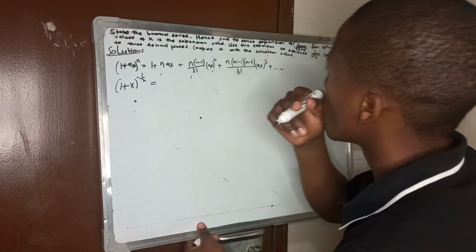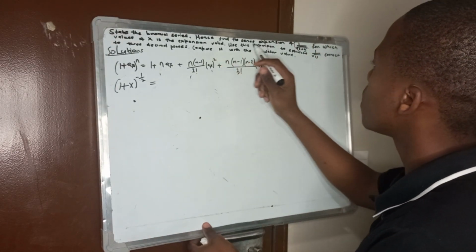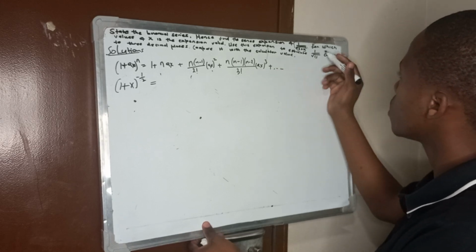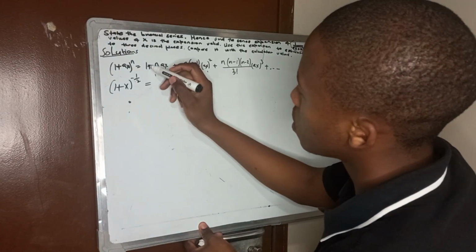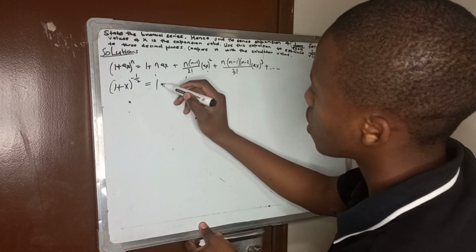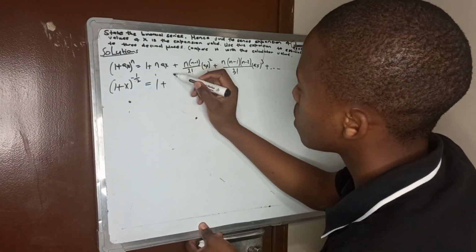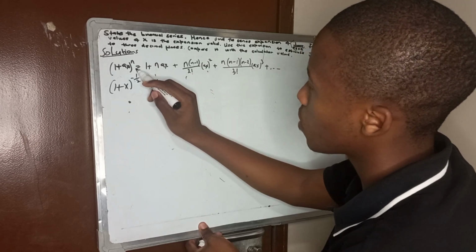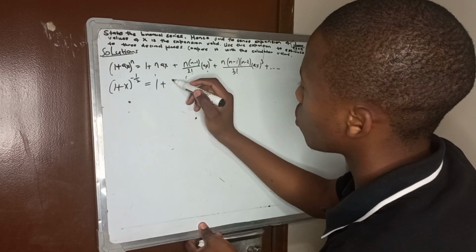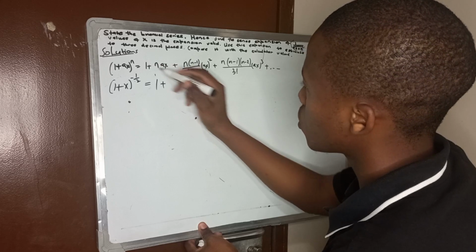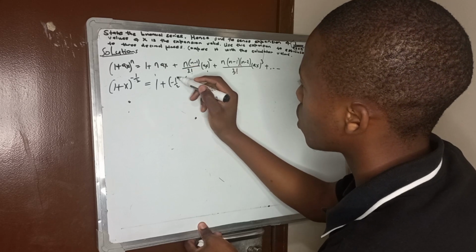Okay now, so hence find the expansion of this. So this is 1, so I will have 1 plus, this is the formula I'm using. In this case n ngubani? -1/2. So in the place of n I will have -1/2.